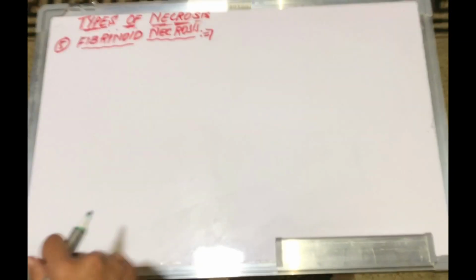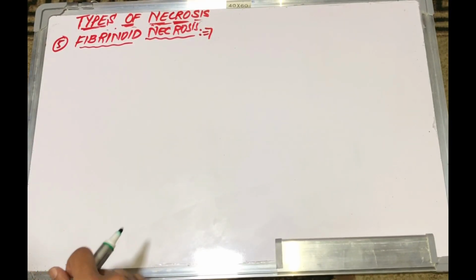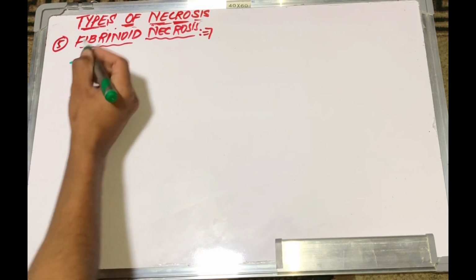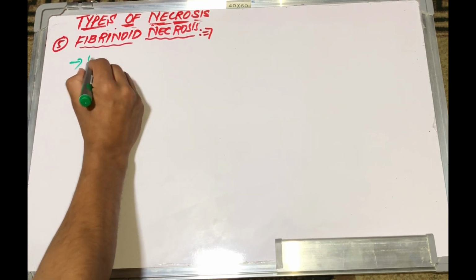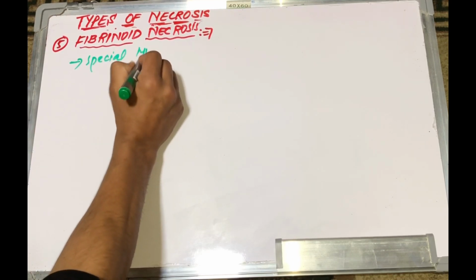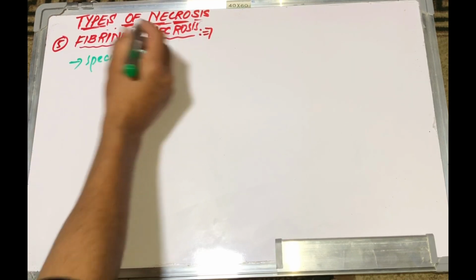So we have discussed four types of necrosis. Now we come towards the fifth type of necrosis, which is called fibrinoid necrosis. Fibrinoid necrosis is a special type of necrosis.